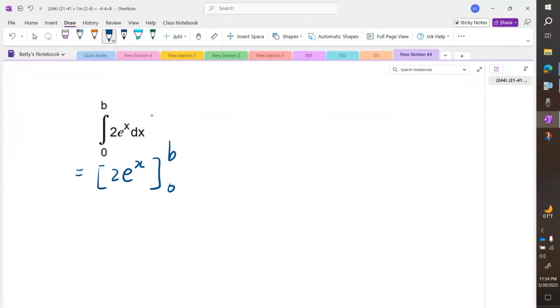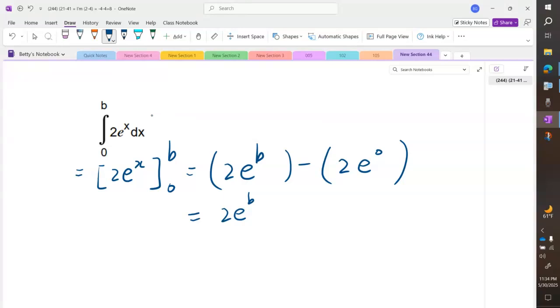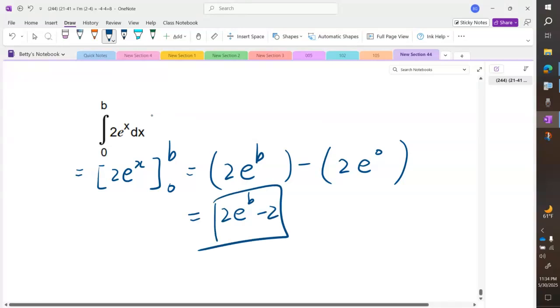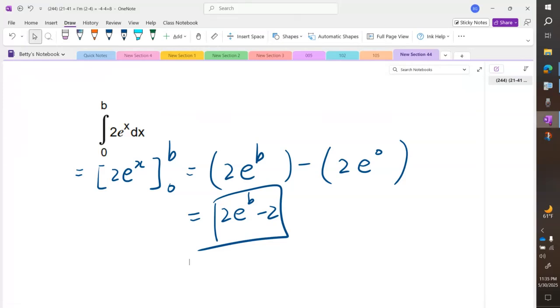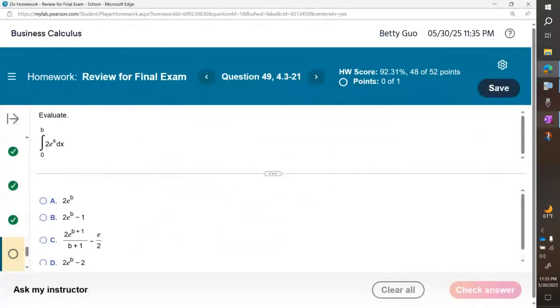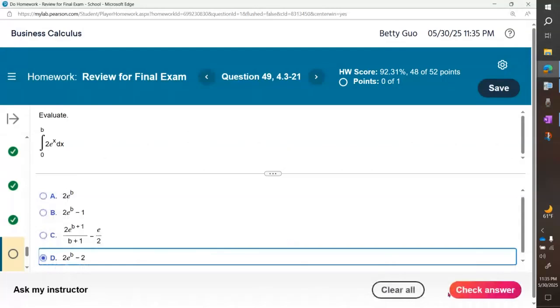B goes here, 0 goes here. Parentheses minus parentheses. In the first parentheses, plug in B. In the second parenthesis, plug in 0. Okay, 2e to the power b. E to the power 0 is 1, minus 2. So this is the answer with b in it. 2e to the power b minus 2. This one, D.